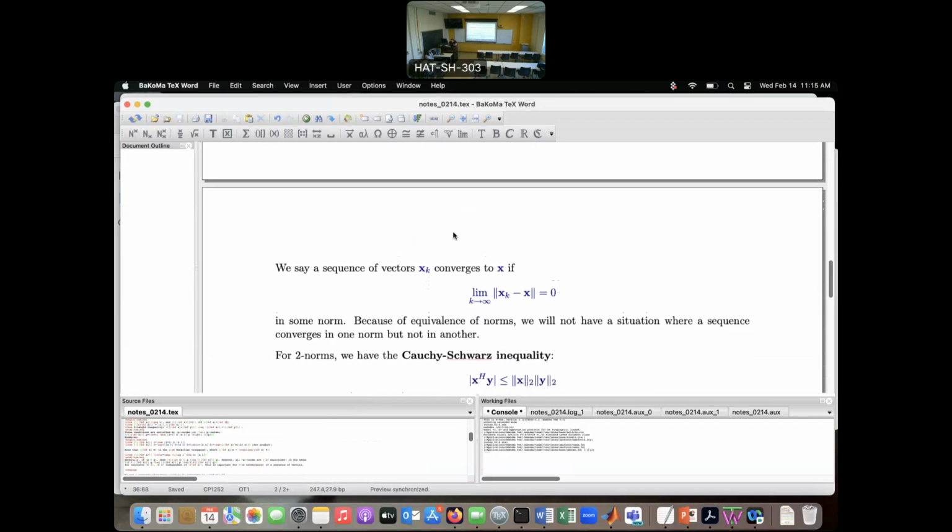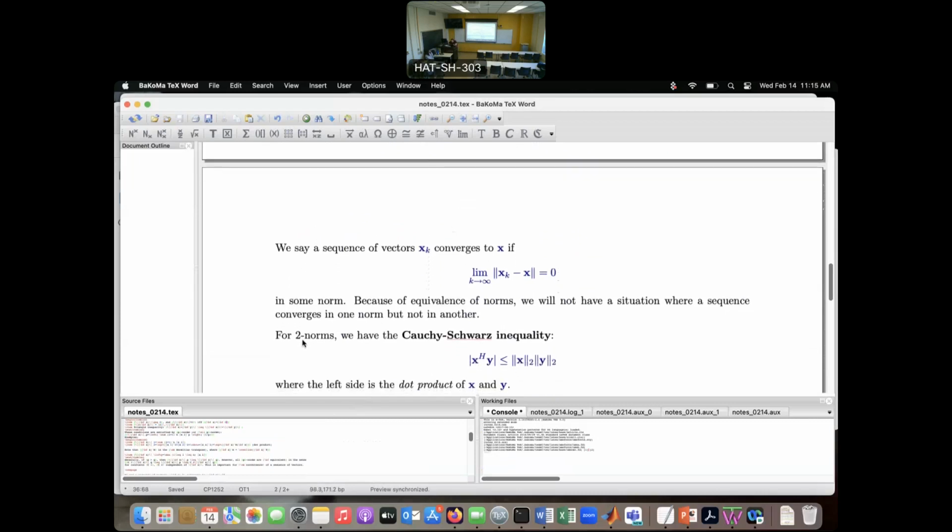Now, for 2 norms specifically, we have this helpful inequality that you may have seen in calculus, the Cauchy-Schwarz inequality. What that says is that the absolute value of the dot product or inner product of two vectors, x and y, is less than or equal to the product of their two norms.